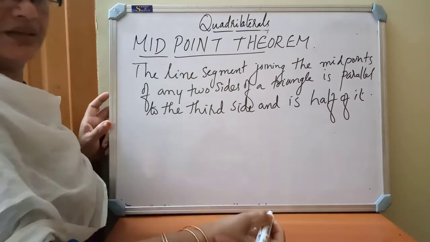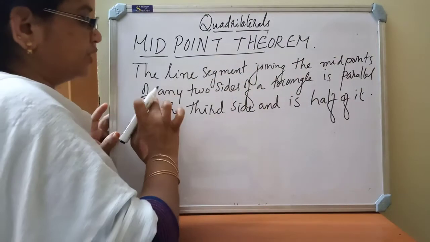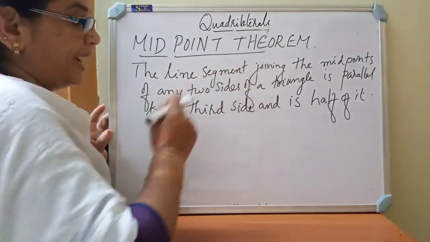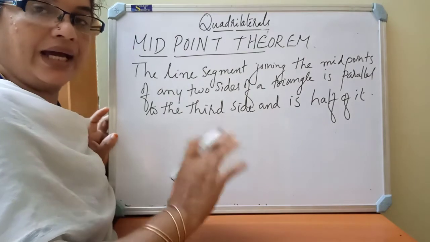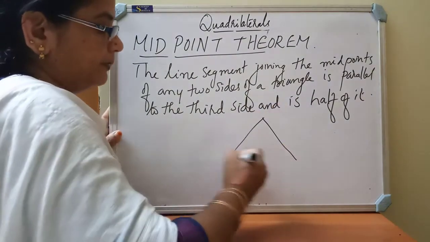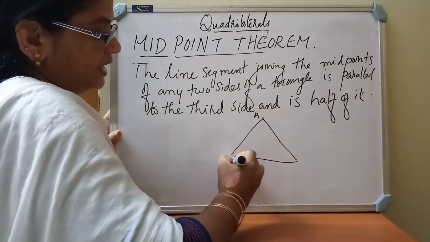So this theorem says that the line segment joining the midpoints of any two sides of a triangle is parallel to the third side and is half of it. For example, I am considering a triangle ABC. So the name of the triangle is ABC.